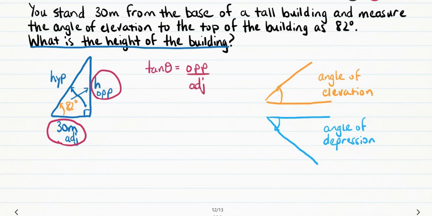So we're going to fill in the information from our triangle here. So in our case, the reference angle is 82 degrees. The opposite side is h, and the adjacent side is 30. Now we have an equation that we can solve for h. So in order to solve this equation for h, we multiply both sides of the equation by 30.